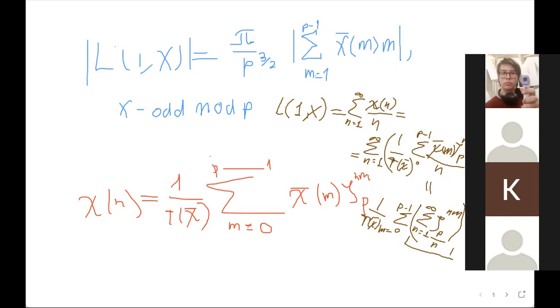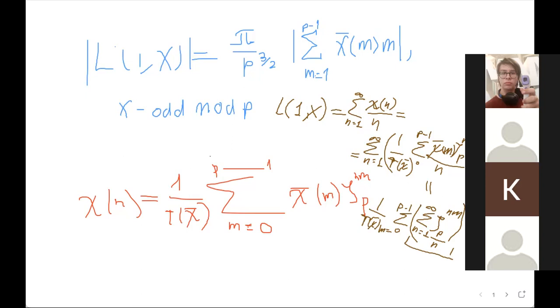So the problem here is to figure out how to use the parity of your character. So now we need to use the parity of the character for calculating this sum.